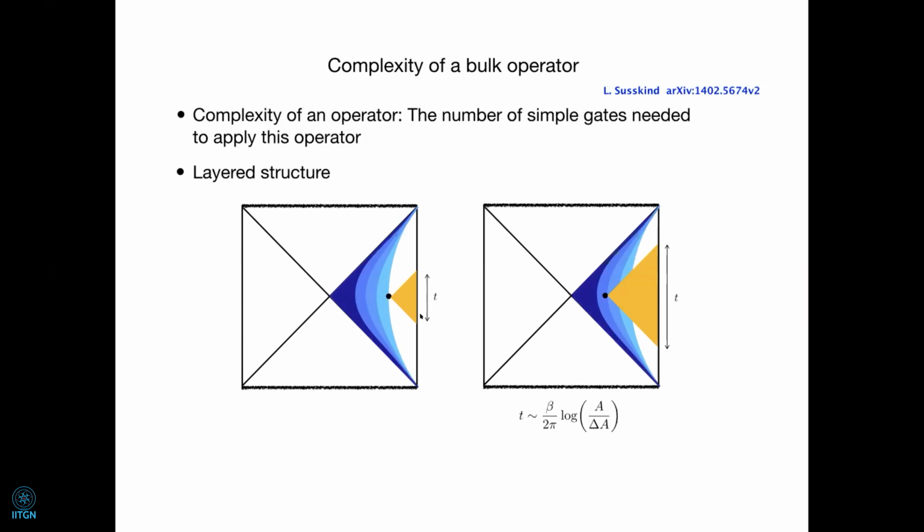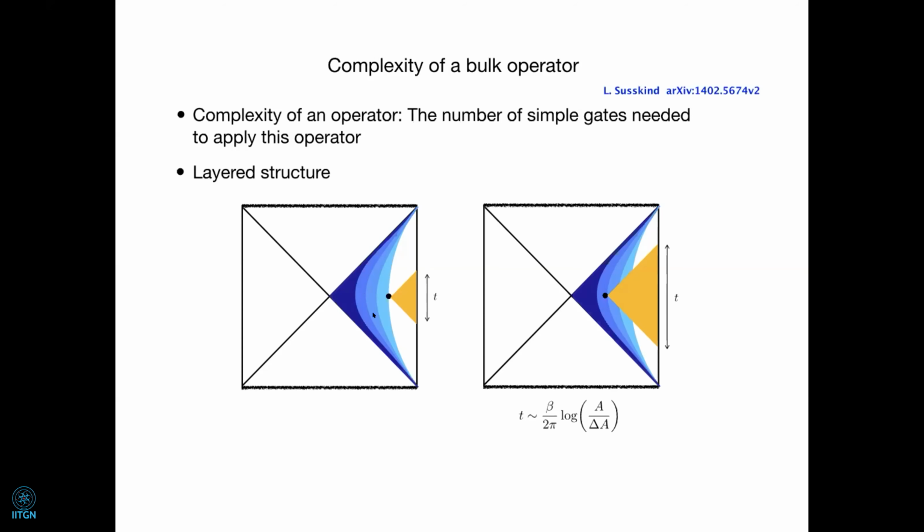It's clear that as this interval t gets larger, the complexity of this operator will get larger. So one sees some kind of layered structure: as one goes deeper and deeper into the bulk in the radial direction, this interval will get larger, so the complexity of this operator will increase.